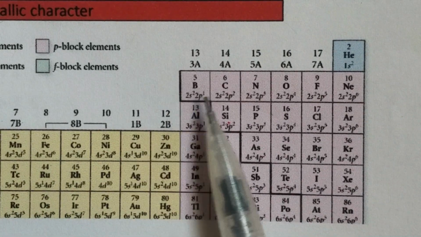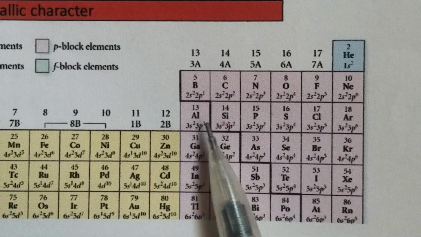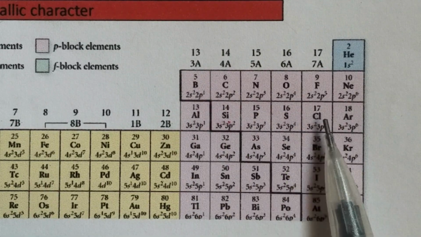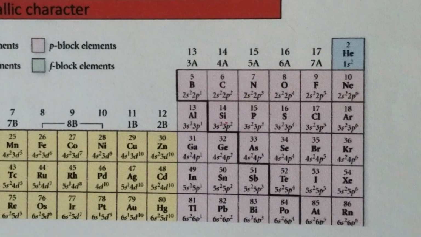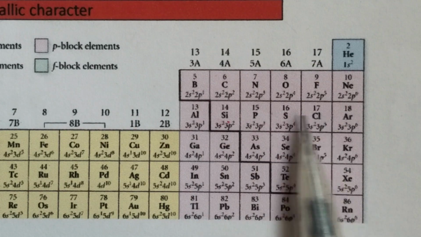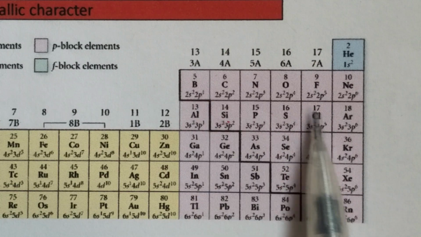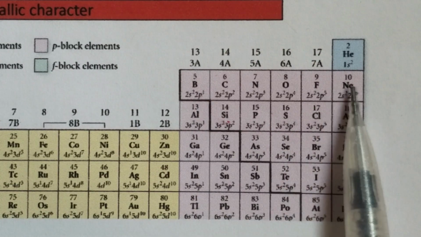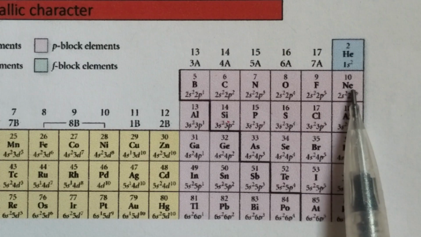If we take elements in the same period, let's say the third period, they should all have the same number of core electrons, which in this case equals 10 electrons, what neon has.